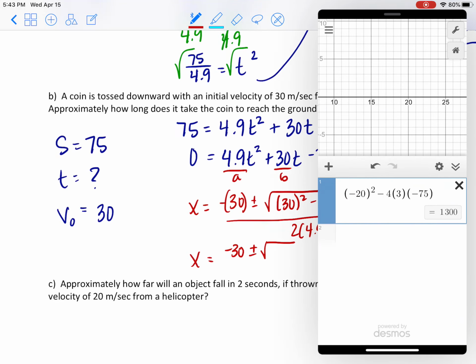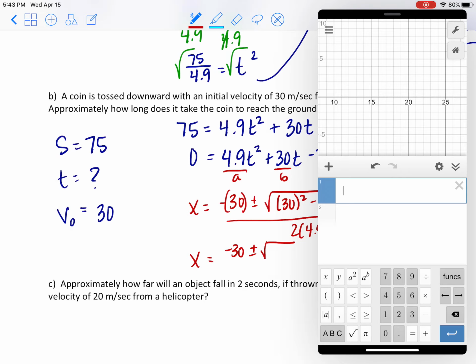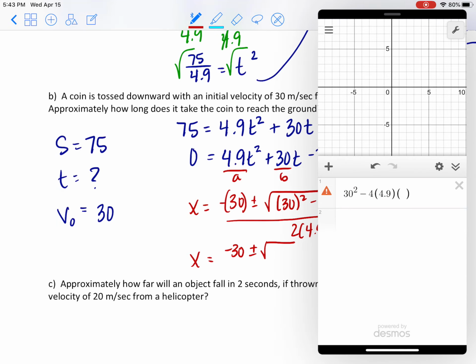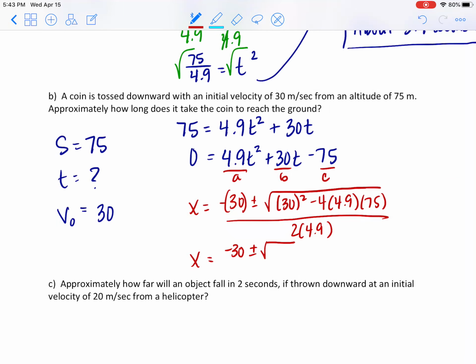So we have negative 30 plus or minus. Let's clean up that mess under the radical. So we have 30 squared minus 4 times 4.9 times, guys, you're not going to let me mess this up.